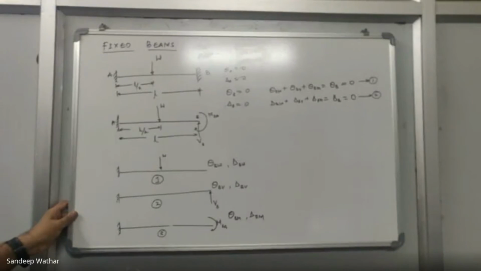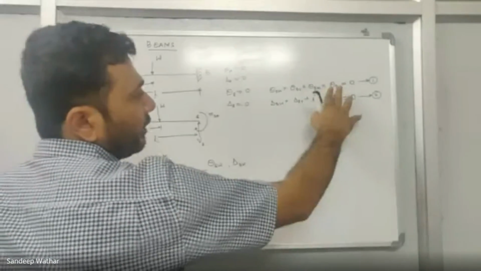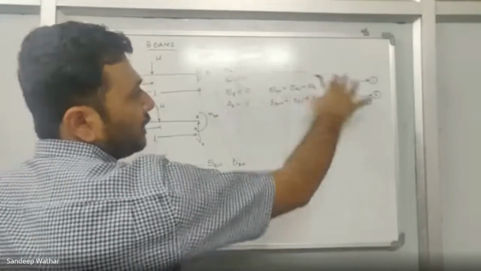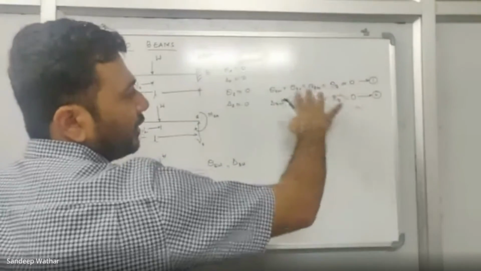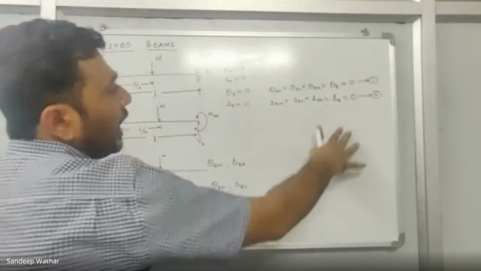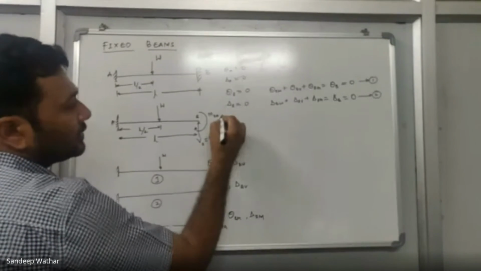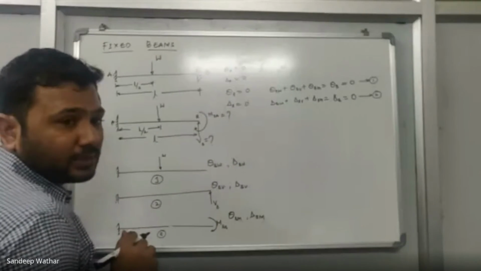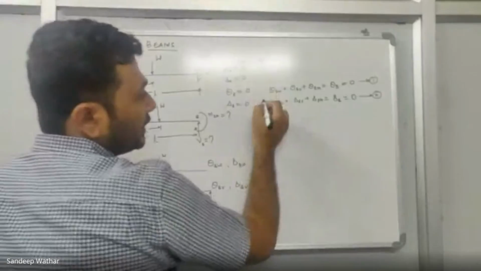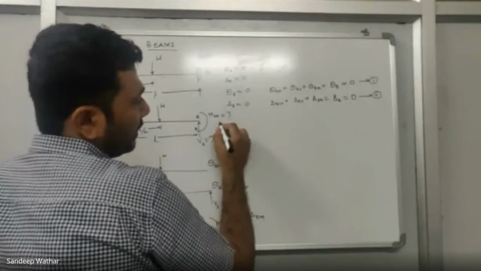Now we have two compatibility equations. The first is that the summation of all the slopes at B should be equal to 0. The second is that the summation of all the deflections at B should be equal to 0. Then we have two equations. How many unknowns do we have? We have two unknowns. What are those unknowns? VB is unknown and MBA is unknown. So by using these two equations, I will be able to solve for VB and MBA.